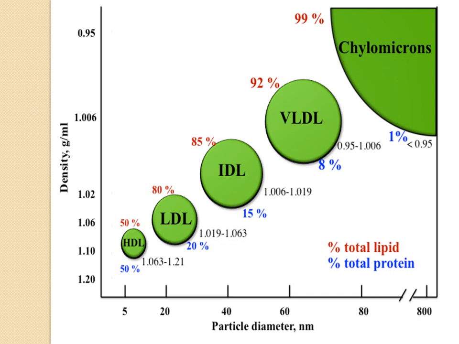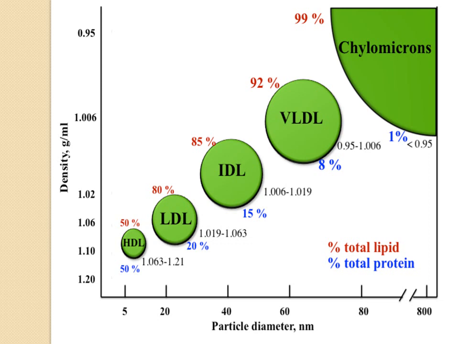Now this figure shows the variable size of the lipoproteins. As we see, the chylomicron has a larger size, while the smallest is the high density lipoprotein.